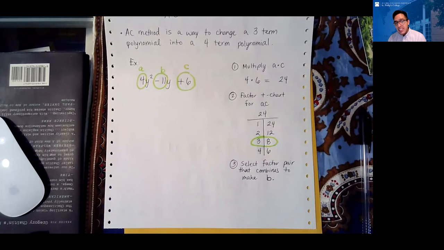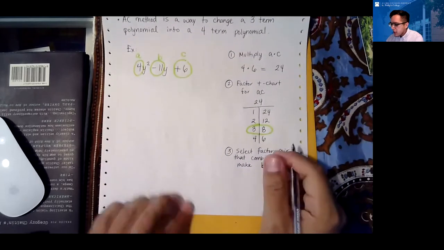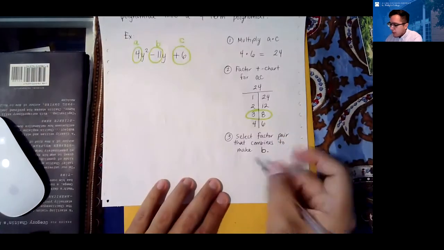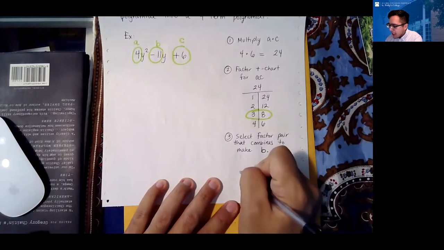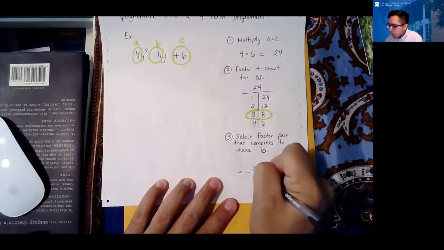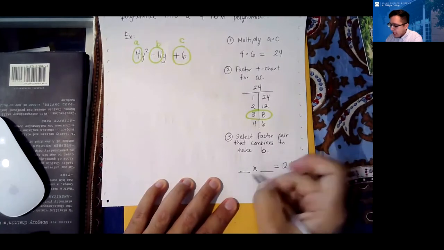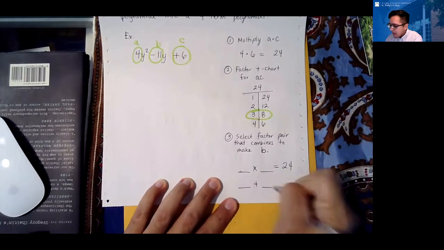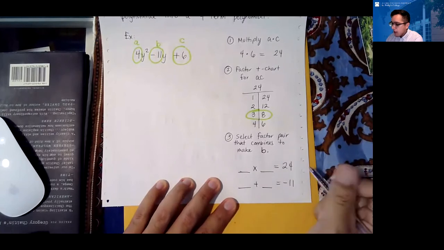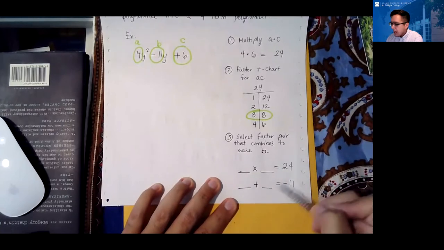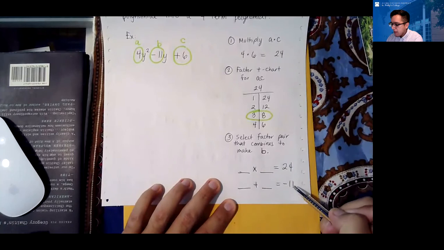Yes, and the reason that we're gonna make them both negative is because we need to meet these two conditions. The factor pairs must combine in two ways: they need to multiply to give us 24, and they must add to give us negative 11. So they multiply to make a times c, and they add to make negative 11.